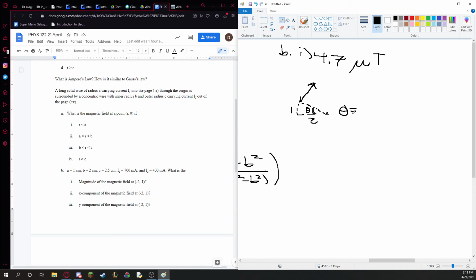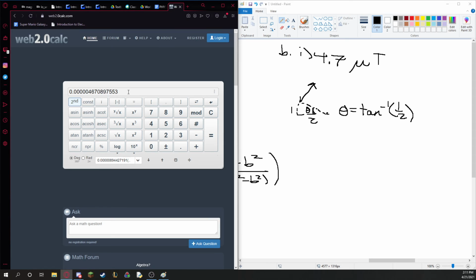SOHCAHTOA, tangent of theta is opposite over adjacent. So tangent of theta is 1/2. So we have the inverse tangent of 1/2. That comes out to be what? It comes out to be about 26.5 degrees. So we'll call it 27 degrees.